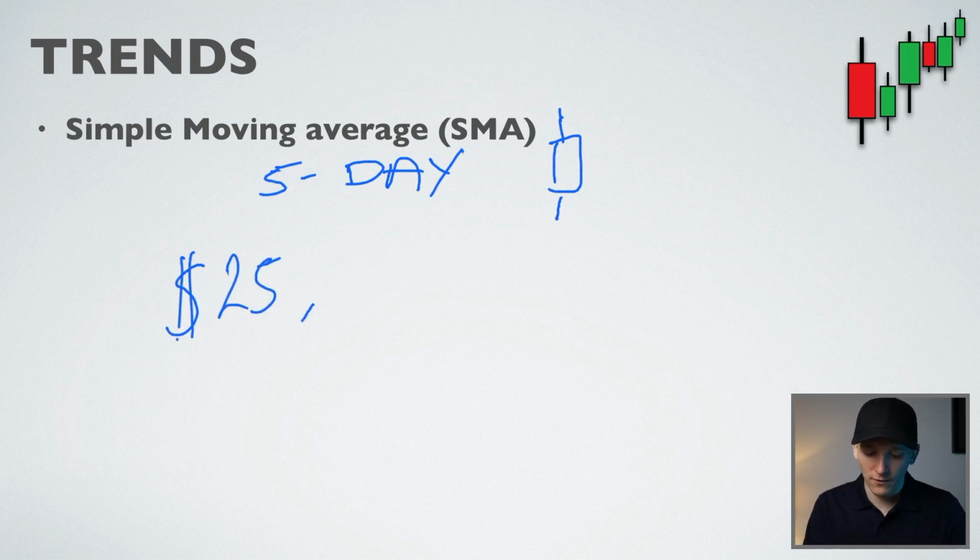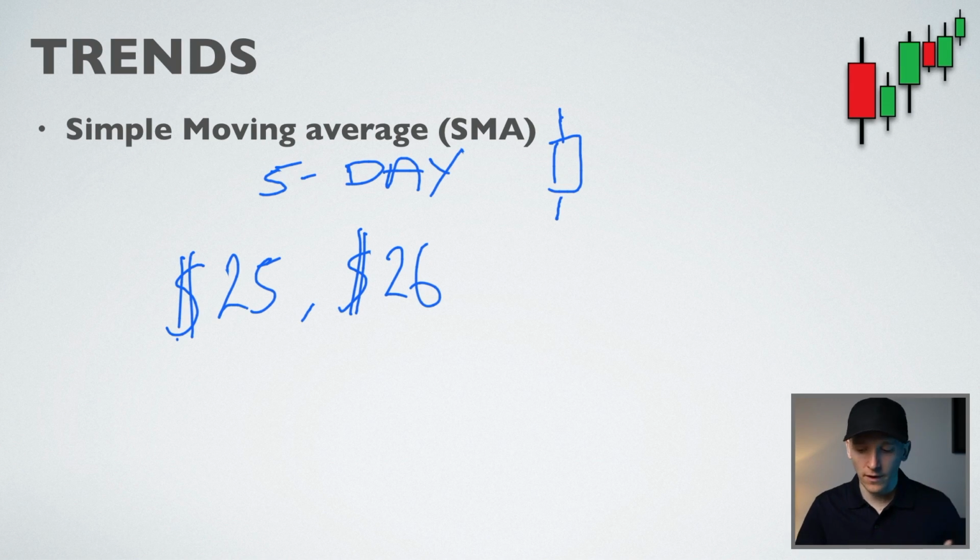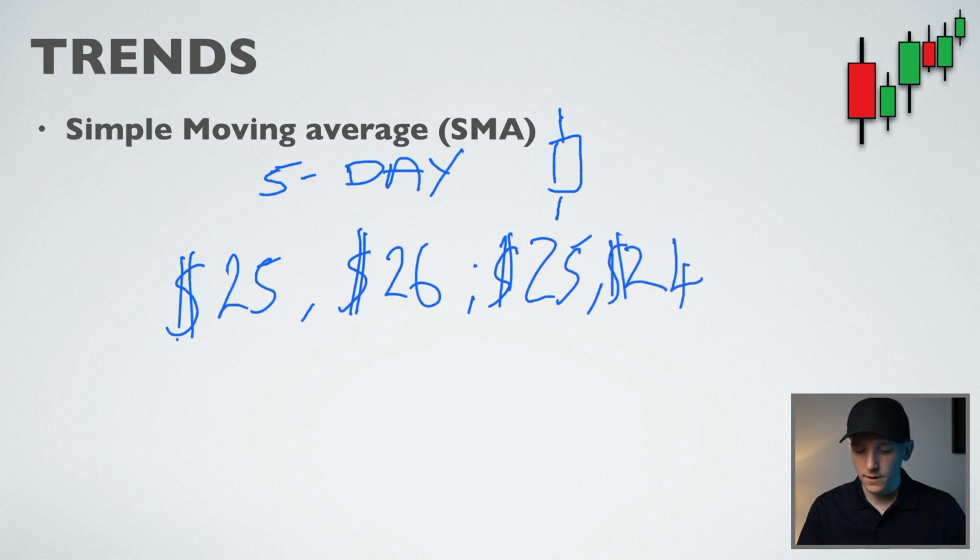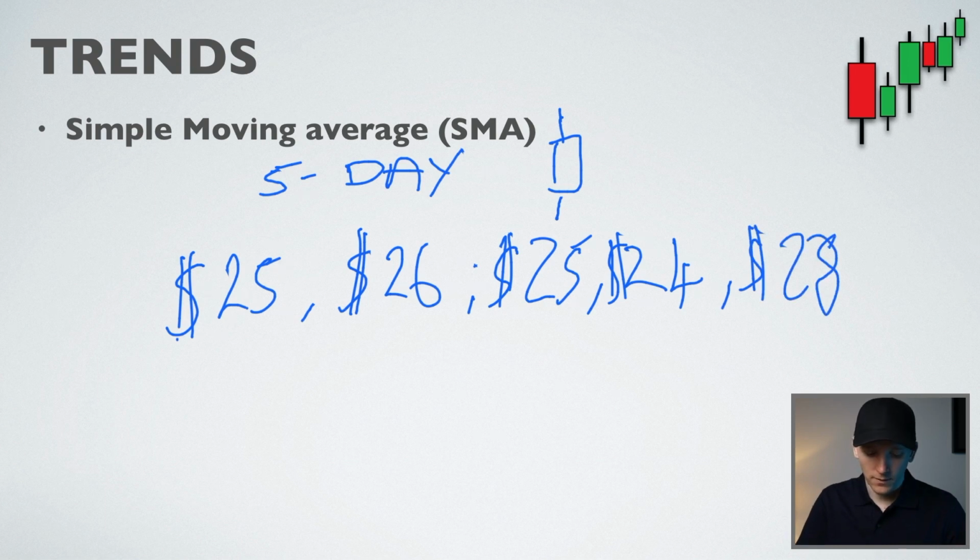So we have 25, and then the next day, okay, this is the closing price. So $25, $26. We then have $25 again on the print. We then have $24. And then we then have $28. Okay, so these are the prices: 25, 26, 25, 24, and 28.